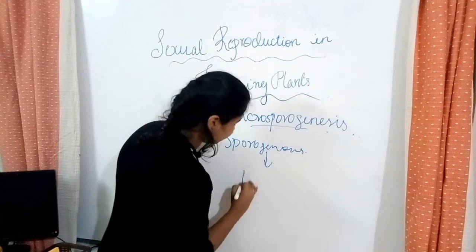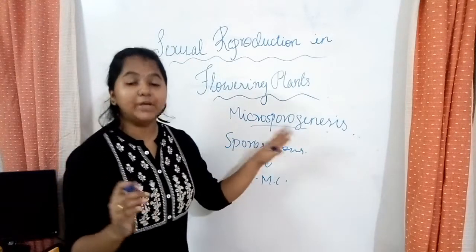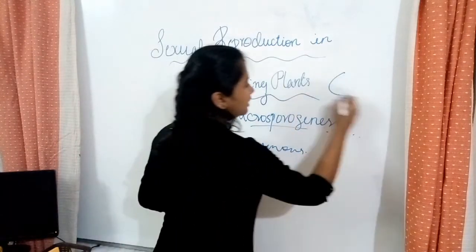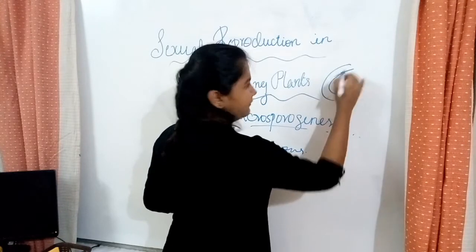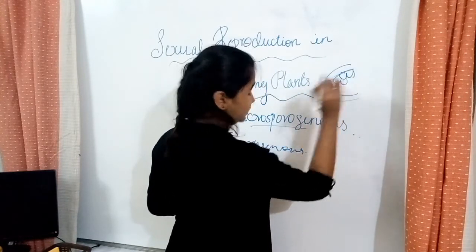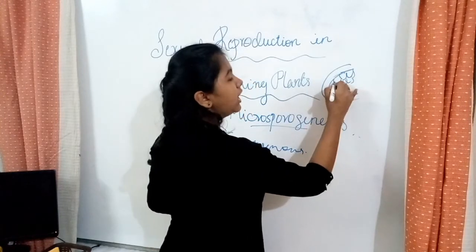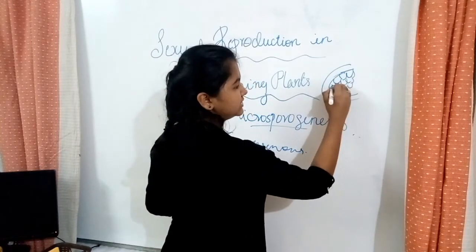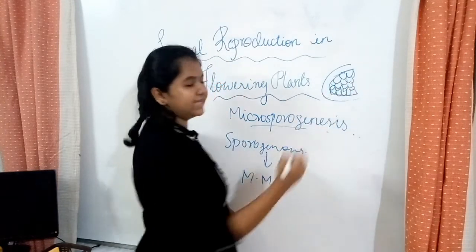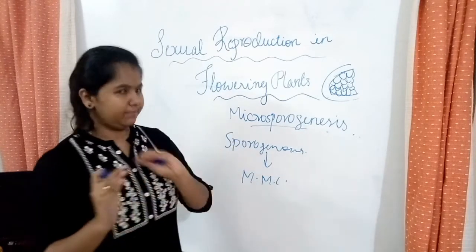The sporogenous tissue has something known as the microspore mother cell. In the formation of microspores, this is the wall layer, and inside it we have the sporogenous tissues. Every sporogenous tissue would act as a microspore mother cell in this process of formation of microspores.